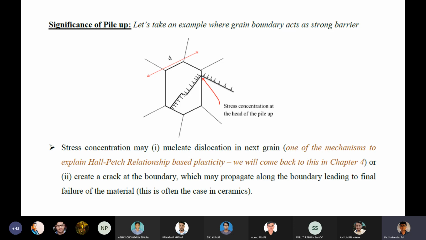It also helps us understand the strain hardening concept. Again, I am repeating: the stress ahead of a pile-up is proportional to the number of dislocations present in the pile-up region, so the applied stress is magnified by n as it acts as a barrier. It can be very, very large.